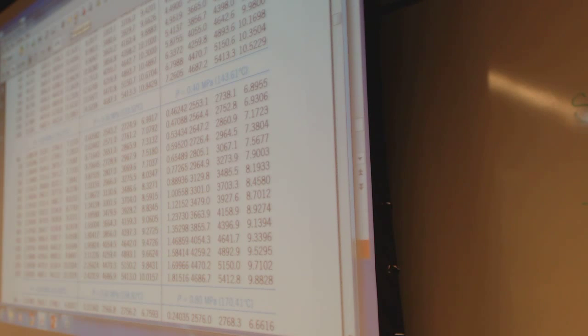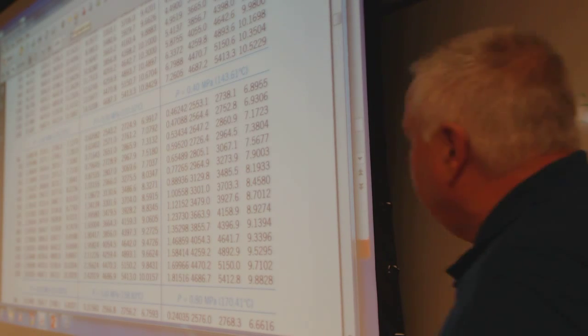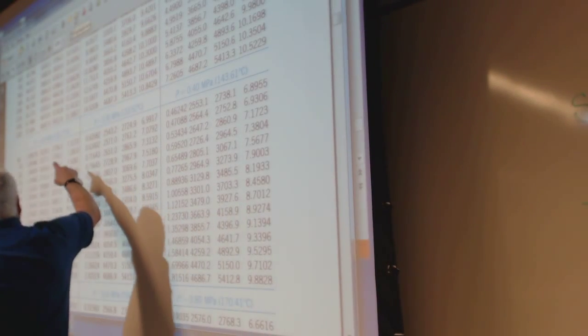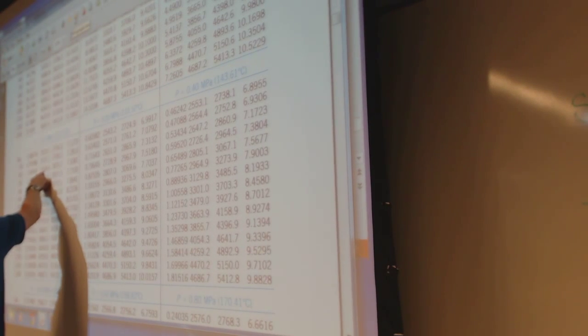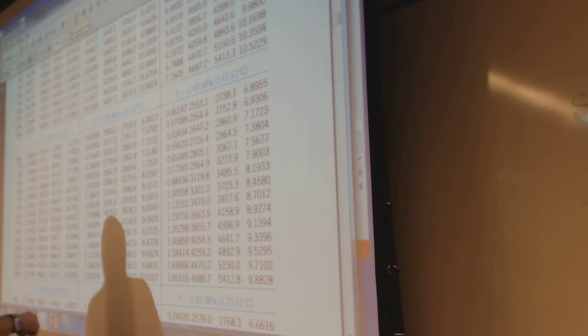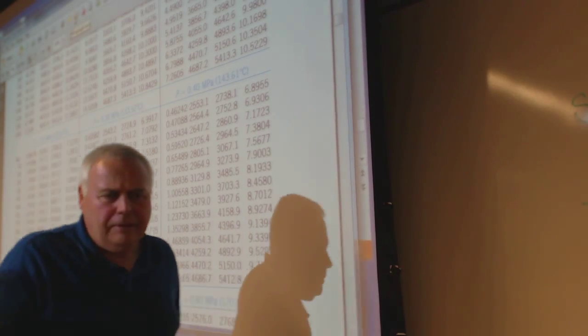Oh, that's no fun. Let's find the H1 first. So H1 at 200 kilopascals and 200 degrees C was 2870.